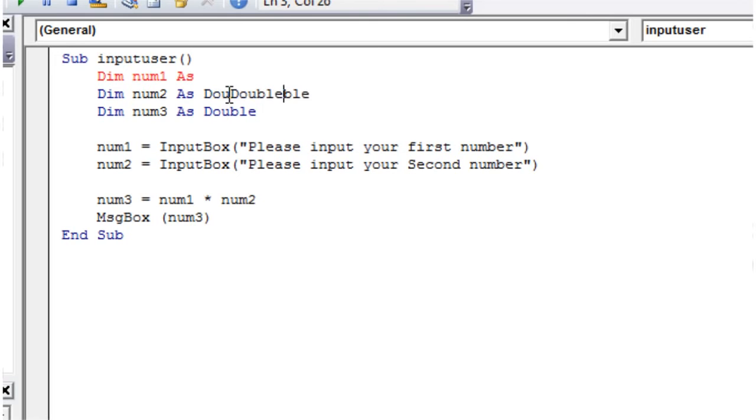So if you're looking to make your programs run quicker, then integers will run a lot faster, especially on slower computers. But to be honest, most of the programs you're going to make aren't really going to notice that.